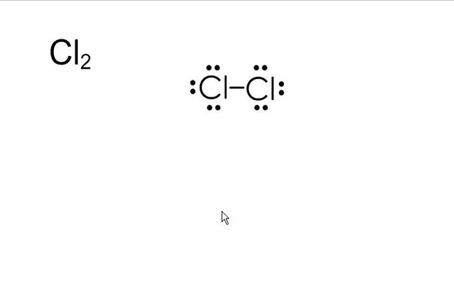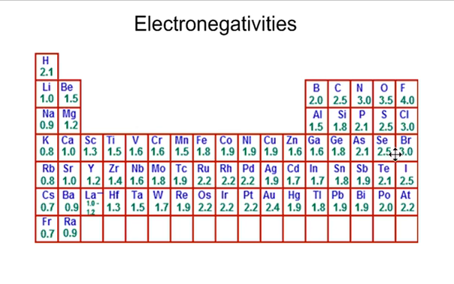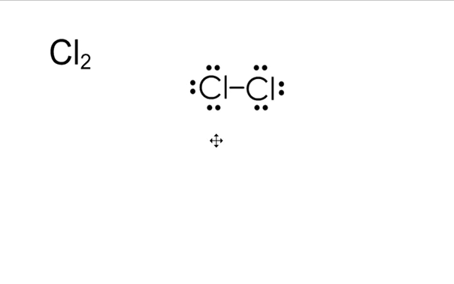Let's go back and consider our example of chlorine again. We've got two chlorine atoms with a single bond between them. If we look at the electronegativity of chlorine, it's at 3.0. So the first chlorine atom has an electronegativity of 3.0.